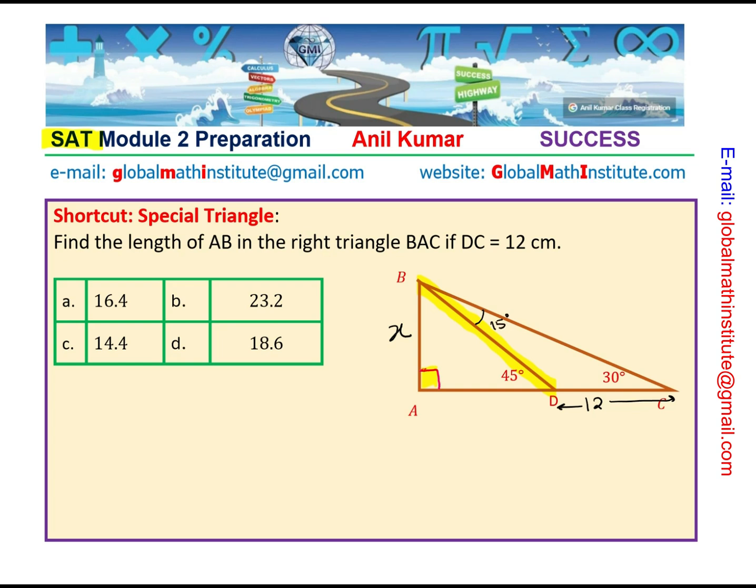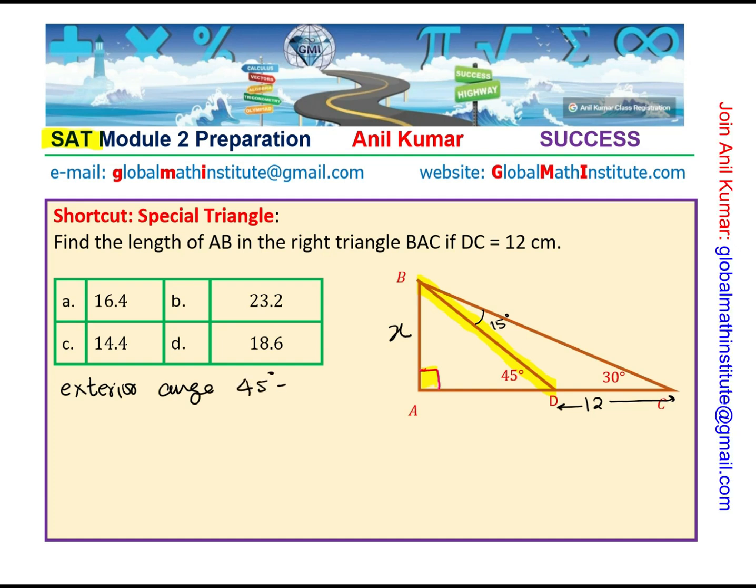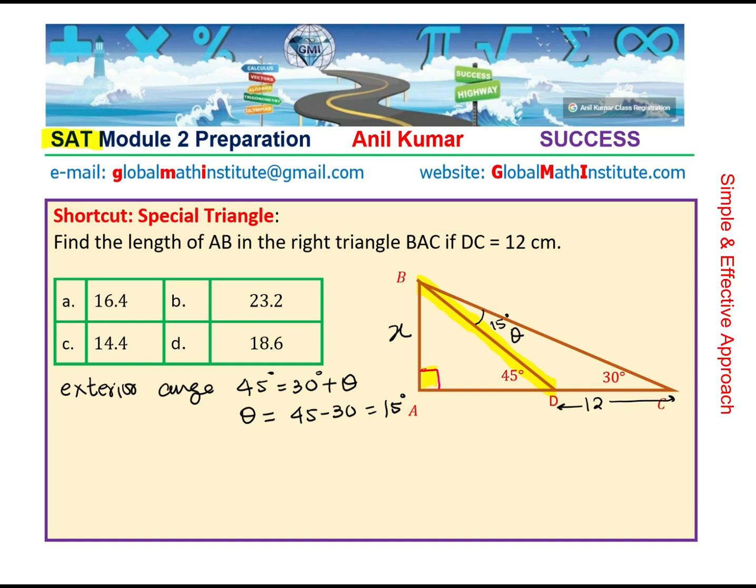This we get from the exterior angle theorem: 45 degrees should be equal to 30 plus the other angle. Let's call this theta. So the angle theta is 45 minus 30, which is 15 degrees. Perfect.